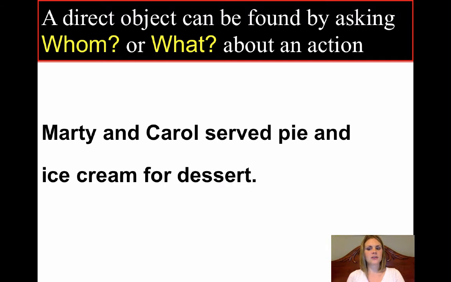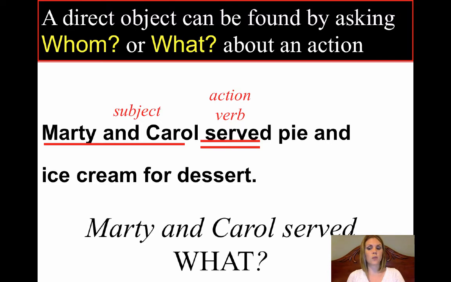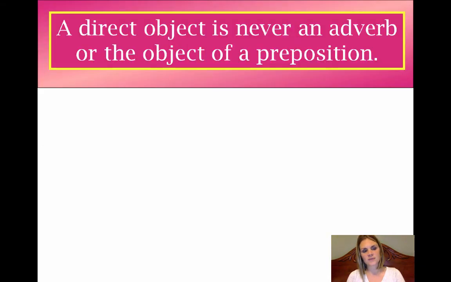Marty and Carol serve pie and ice cream for dessert. All right, so compound subjects: Marty and Carol did what? They served. Served what? Pie and ice cream. So here you have compound direct objects because there are two answers to what Marty and Carol served.